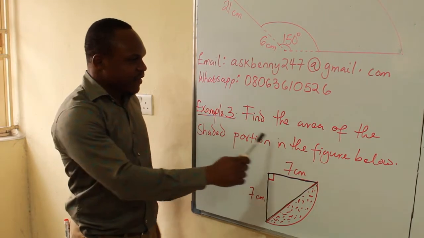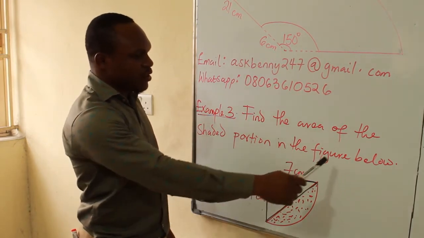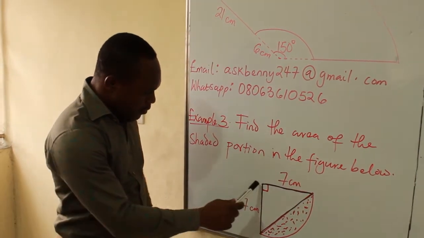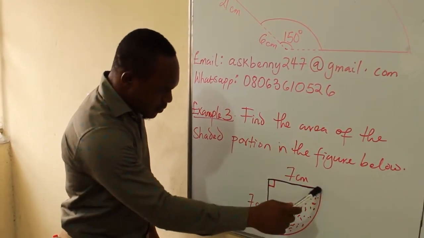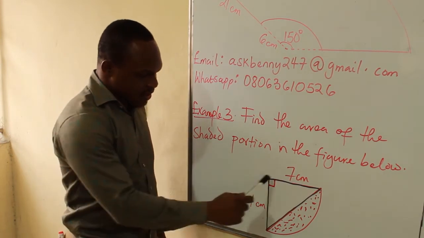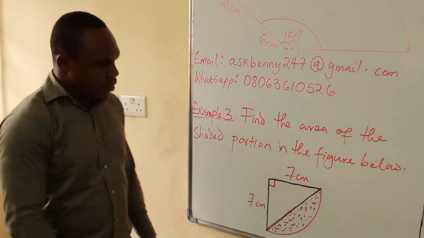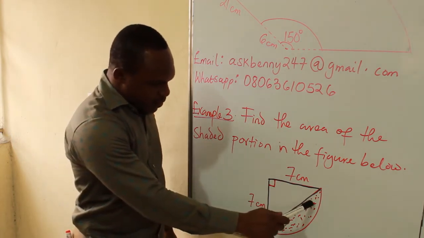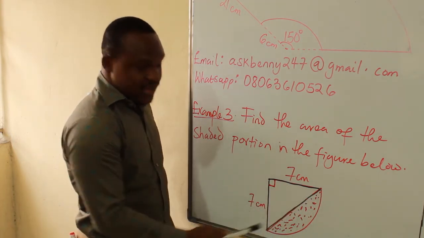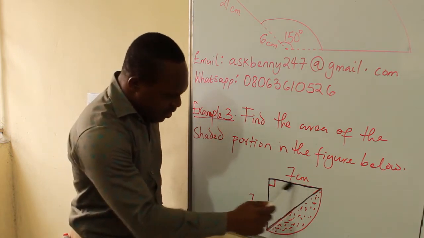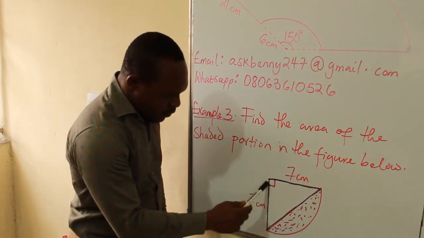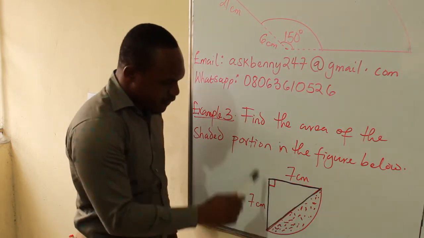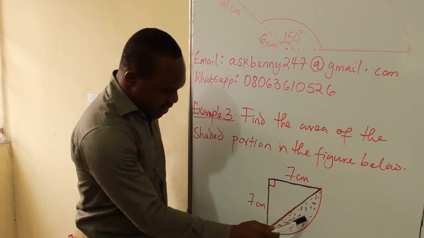Example 3 says, find the area of the shaded portion in the figure below. Now, looking at the figure below, this figure shows us a sector of a circle. Now, if you look at the shaded portion here, for us to be able to get the area of the shaded portion, which represents the segment of a circle, we have to take away this triangle from the sector for us to be able to get the segment here.